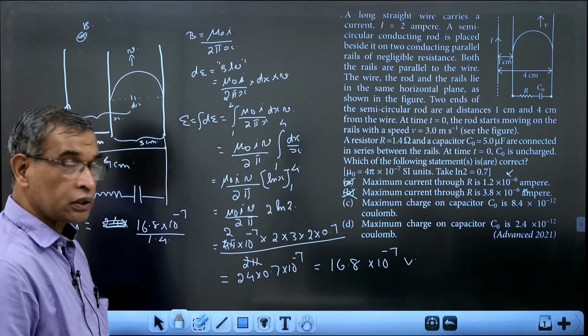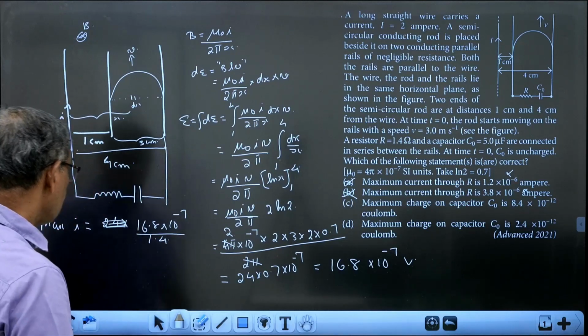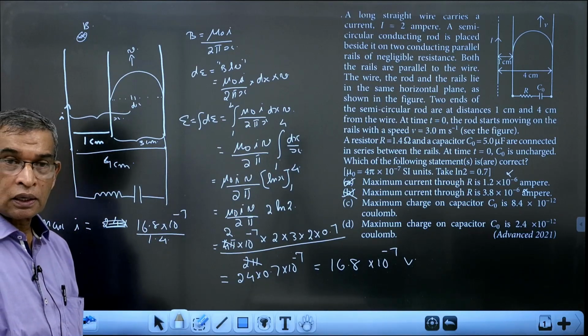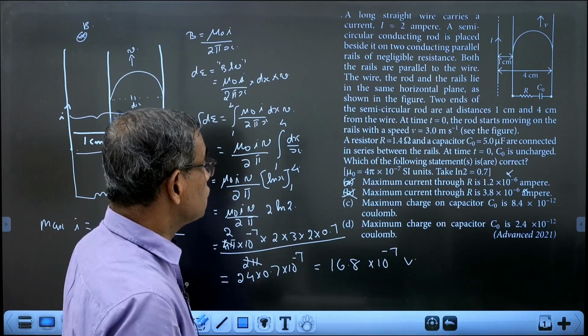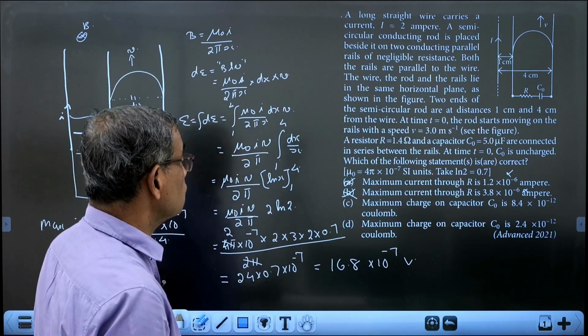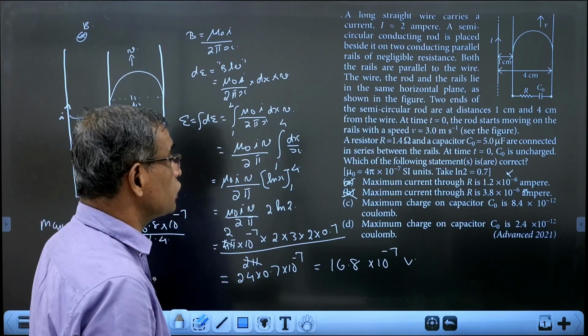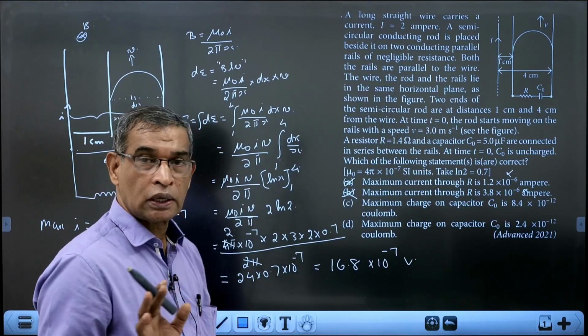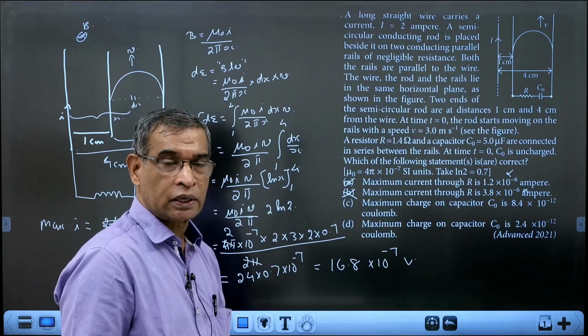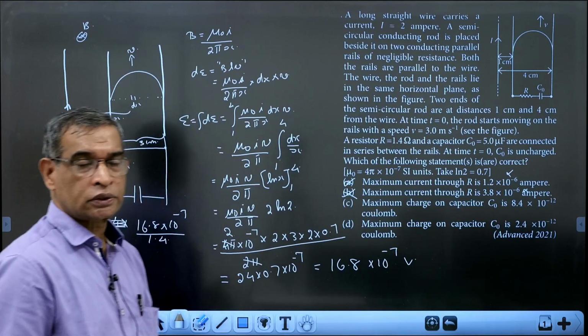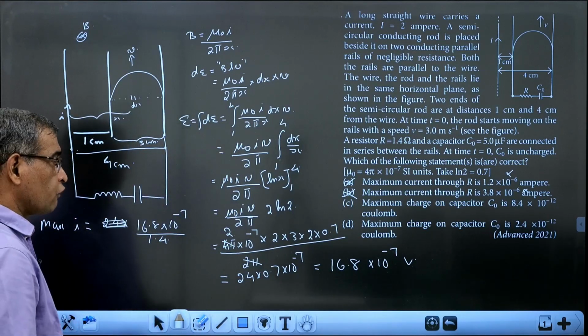Next thing we have to calculate is the maximum charge. At t is equal to 0, the capacitor is not charged. But after some time, definitely, the capacitor charges and fully charges.